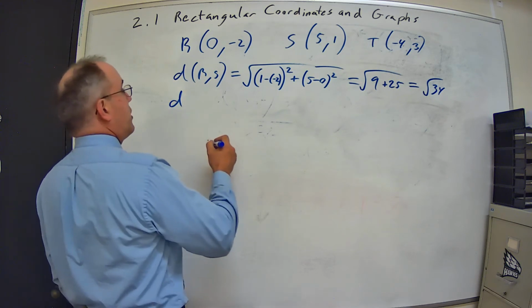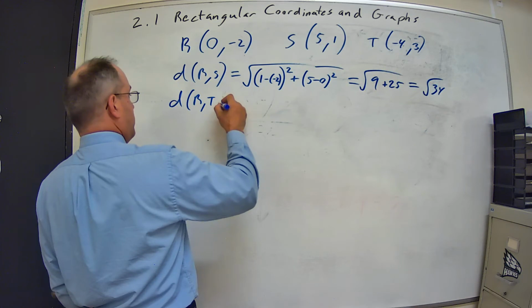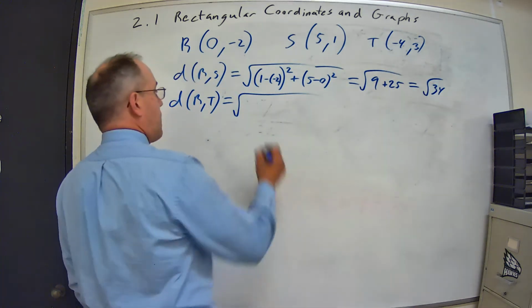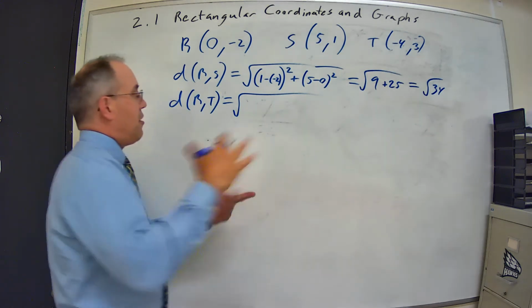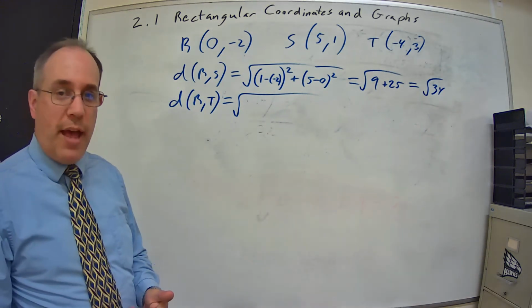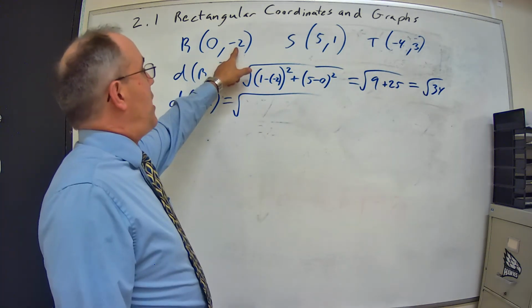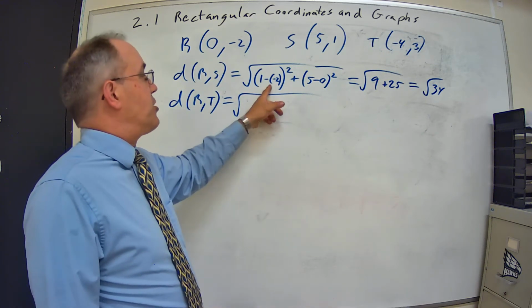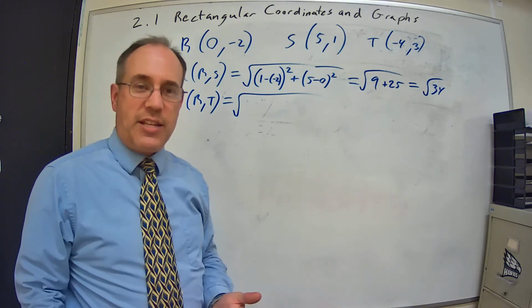The distance between R and T is equal to the square root of, and I just realized I wrote that backwards, but you can trust me on this. I went to my y values first, and then I did my x values. So I did y squared plus x squared. I just want to clarify that that's what I did.